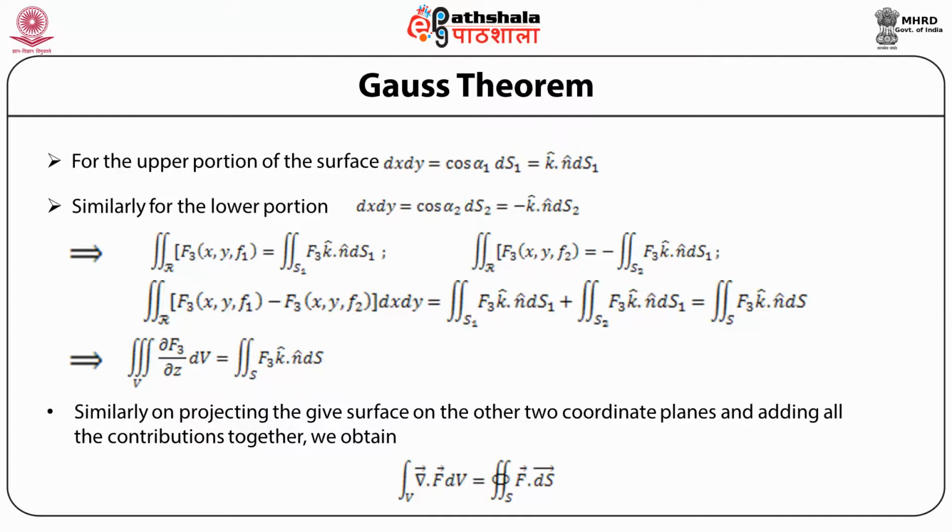This implies that the volume integral over V of del f3 by del z dv equals the surface integral over S of f3 k cap dot n cap ds. Similarly, on projecting the given surface on the other two coordinate planes and adding all the contributions together, we obtain the volume integral over V of del dot f dv equals the surface integral over S of f dot ds.